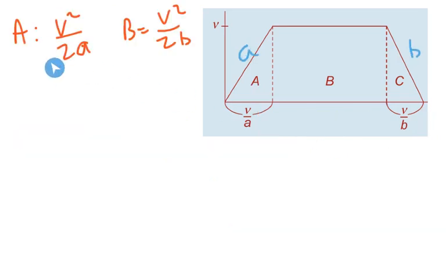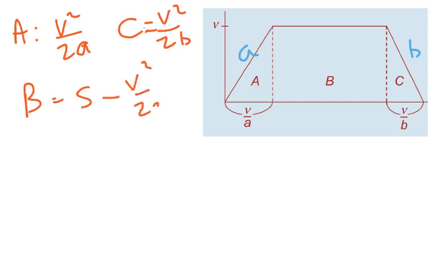Now, if a is equal to v squared over 2a and c is equal to v squared over 2b, then what's b equal to? Well, b is going to be equal to s, which is the entire distance, minus v squared over 2a minus v squared over 2b. That's the area of b.